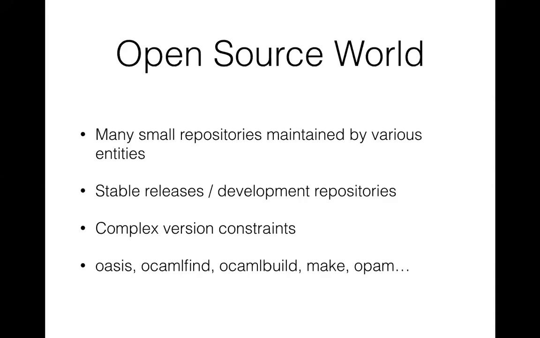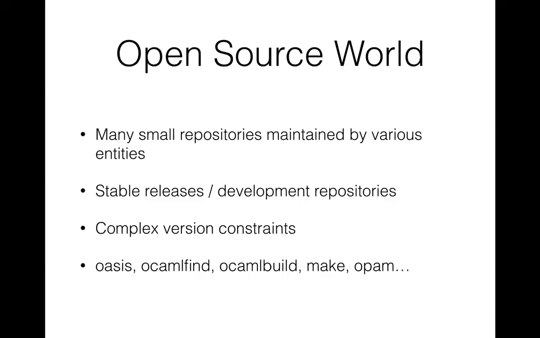They publish working versions regularly, and when they think their code has reached a good state, they release it into the stable world. For OCaml, that's typically OPAM. You get stability guarantees: it's not going to change, and that's what other people use for their development.